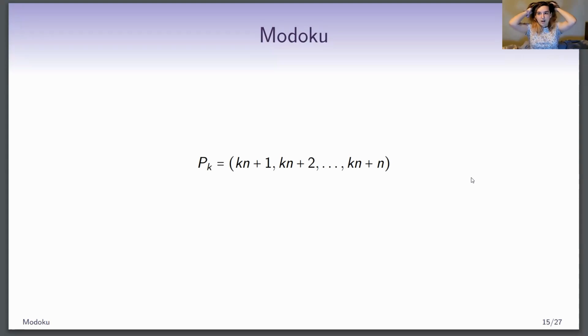To represent each possible sub-row of each block, we can partition the list of elements 1 through n squared such that we have p sub k equal to kn plus 1, kn plus 2, all the way through kn plus n, for any k containing the elements 0, 1, 2, all the way through n minus 1.